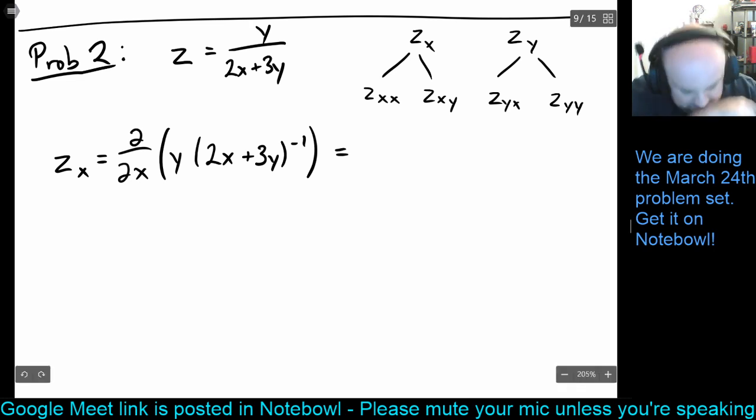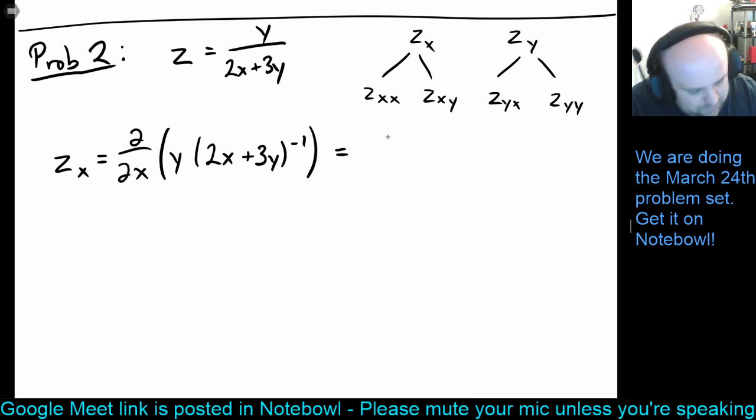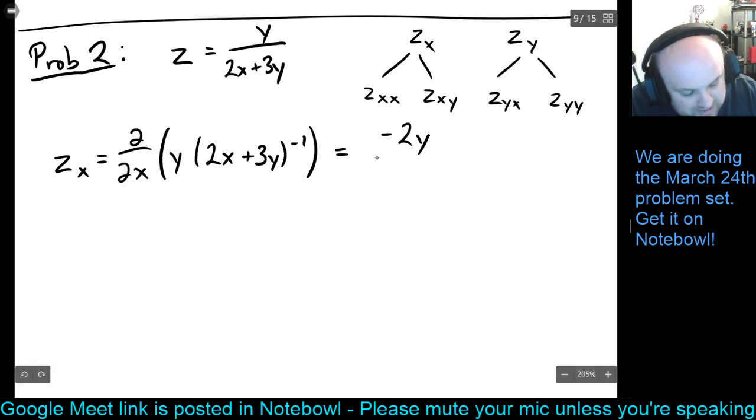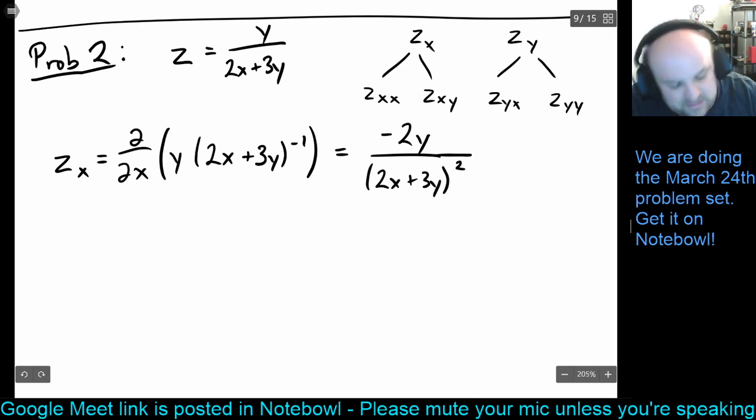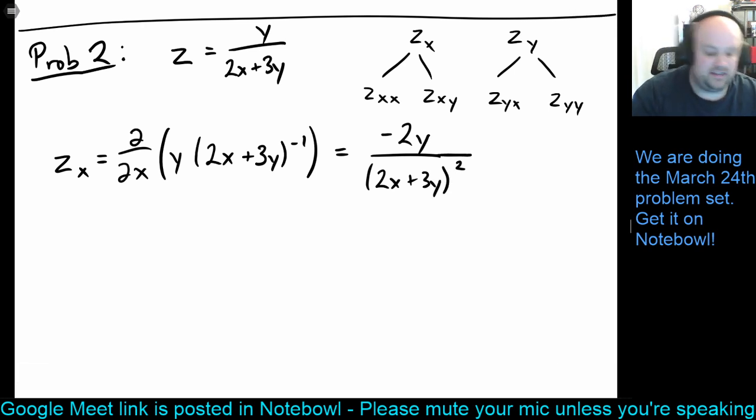When you do this, you're going to wind up with minus 2y over 2x plus 3y squared, because this minus 1 is going to come out front and this 2 is going to come out from the chain rule. So there's the minus 1 and the 2 right here. This power goes to negative 2, which puts it in the bottom and gives it a square.